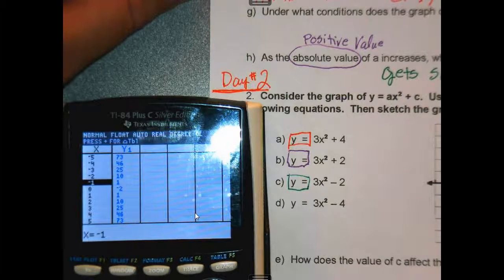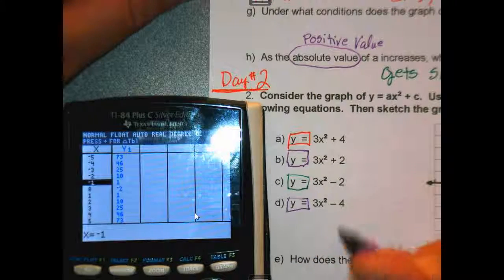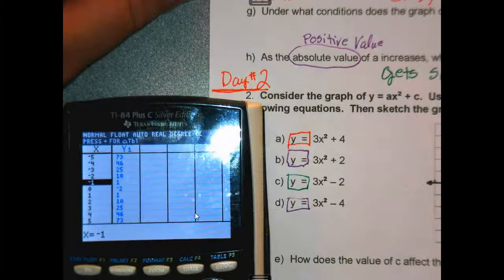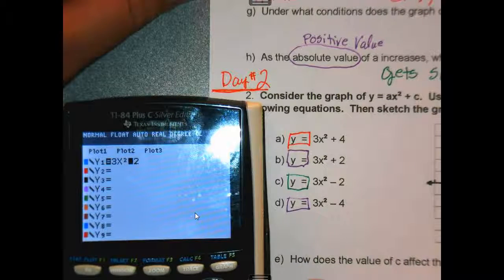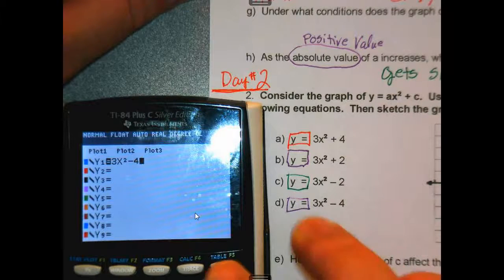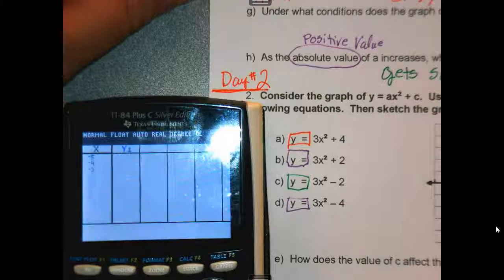And the last one, my vertex here is 0, -4. I'm not going to chance this one. I'm going to put in -4. Graph it. Go to my chart, second graph.